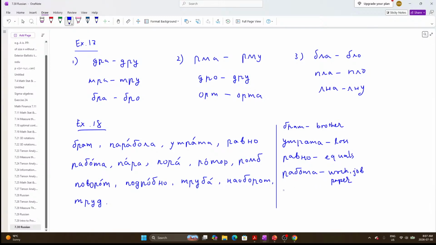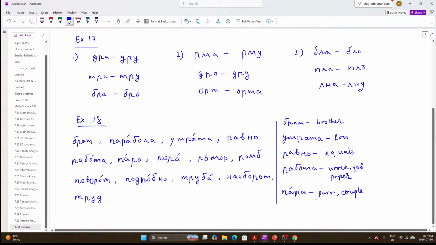Okay, and пара. Пара is pair, couple. Leo from Leo Lecture the other day was teaching me some category theory, and the example he used was to define ordered pairs, which is interesting. So, sorry, пара is pair, couple.